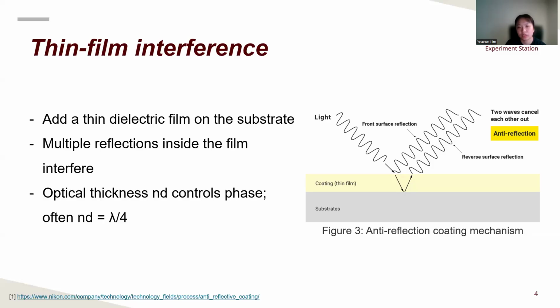The key quantity is the optical thickness n times d of the film. For many simple designs, we choose the optical thickness to be 1/4 of the design wavelength, so n times d equals lambda 0 over 4. In the next slide, we will see how this quarter wave condition leads to an anti-reflection coating.